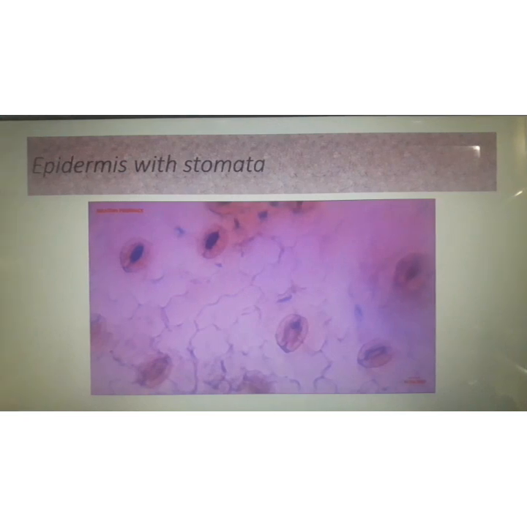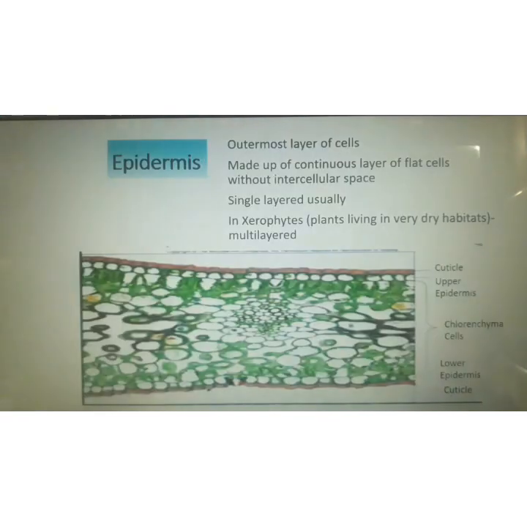Now we will look into what epidermis is. Epidermis is the outermost layer of cells, made up of a continuous layer of flat cells without intercellular spaces. So we can say that they are intact cells.